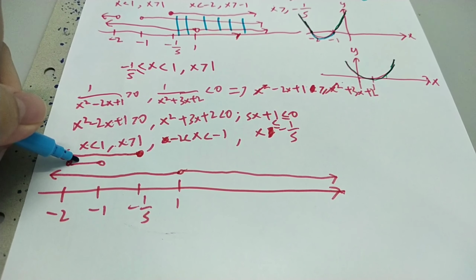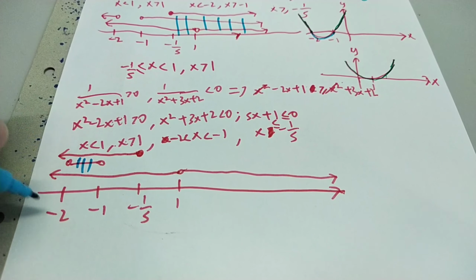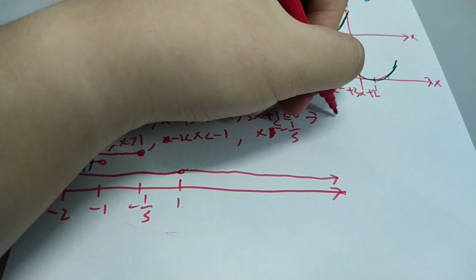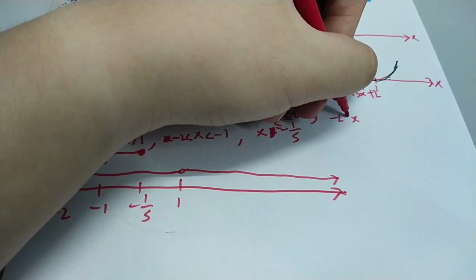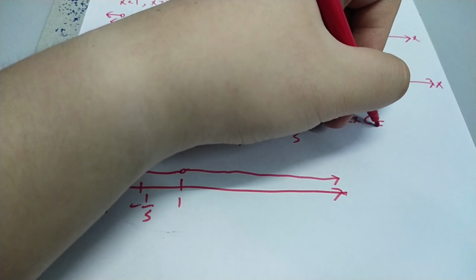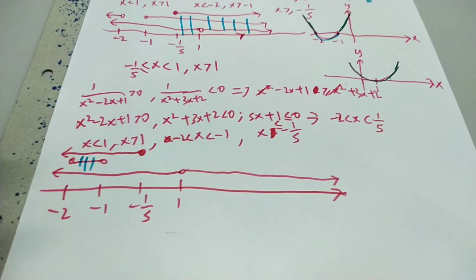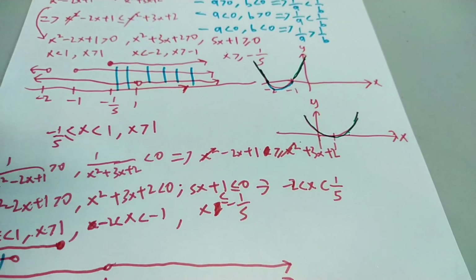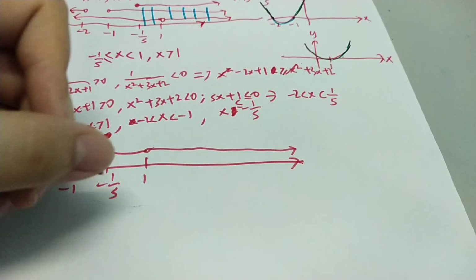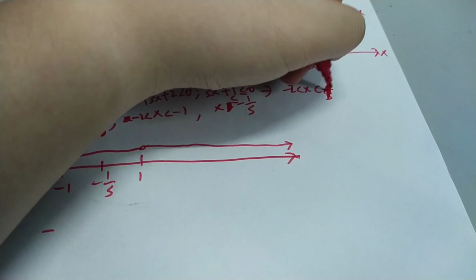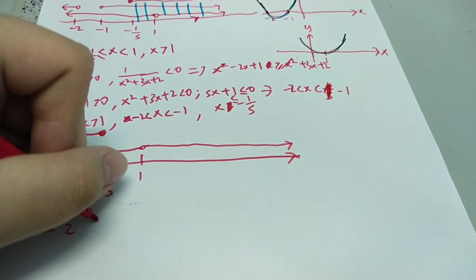And our overlapping region is here, right? So for this, it is going to be that x must be in between negative 2 and negative 1 over 5, and then combining the result, we will get the final answer, which is negative, sorry, this should be negative 1.